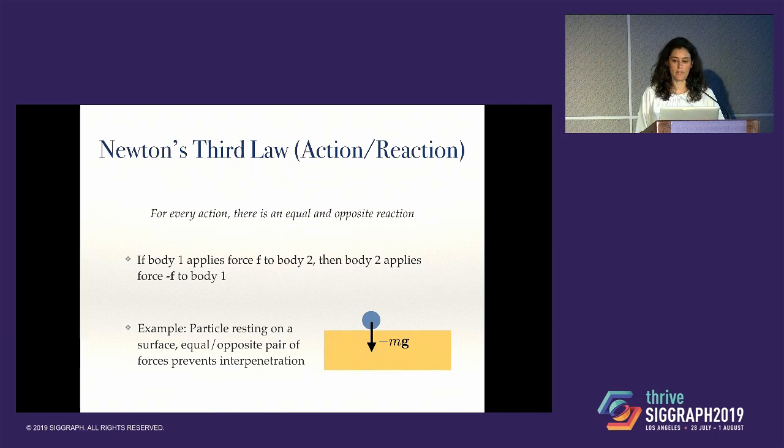If it's stationary, it feels minus mg, the force of gravity, and since it's stationary, something has to cancel that so that there's no acceleration. It feels an equal force in magnitude, opposite in direction, from the table pushing back on it. That's a force of mg pointing up, which directly cancels the gravitational force, so we get zero acceleration.